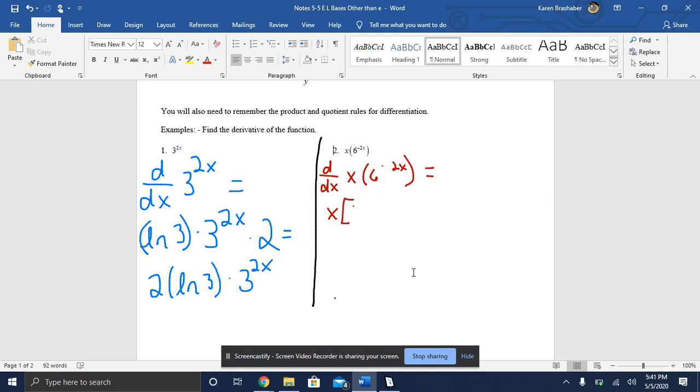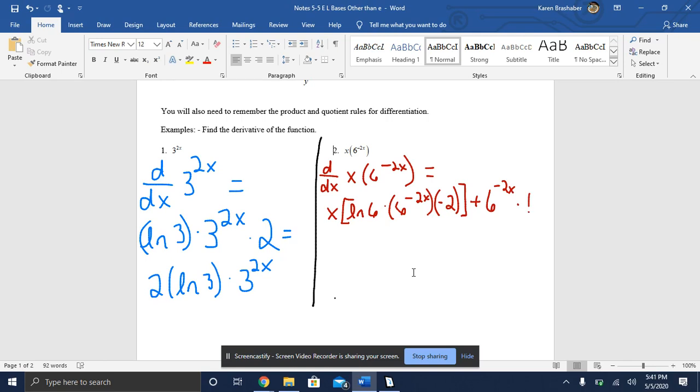So like our last one, the derivative of 6 to the negative 2x is the natural log of 6 times the exponential itself, 6 to the negative 2x, times the derivative of the exponent, negative 2. And then we'll do plus second, which is 6 to the negative 2x, times the derivative of the first. And the derivative of x is 1.